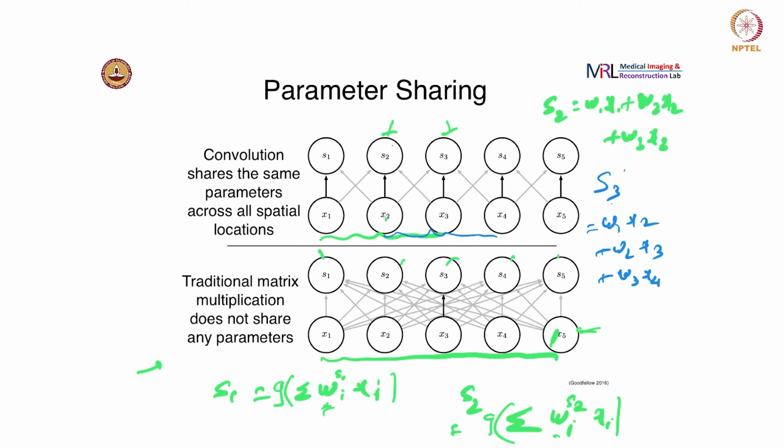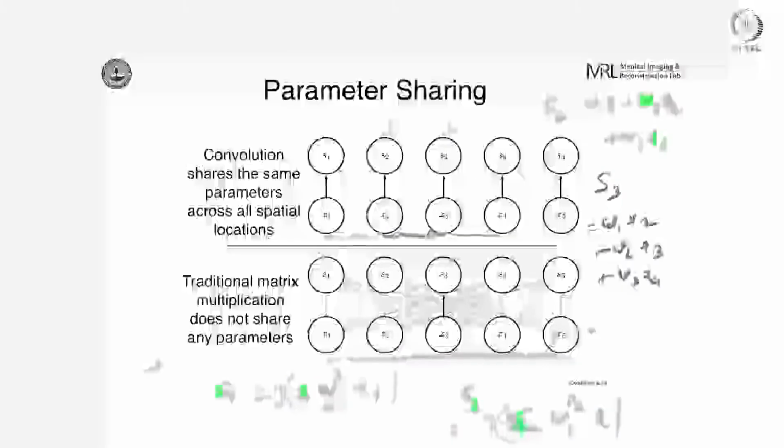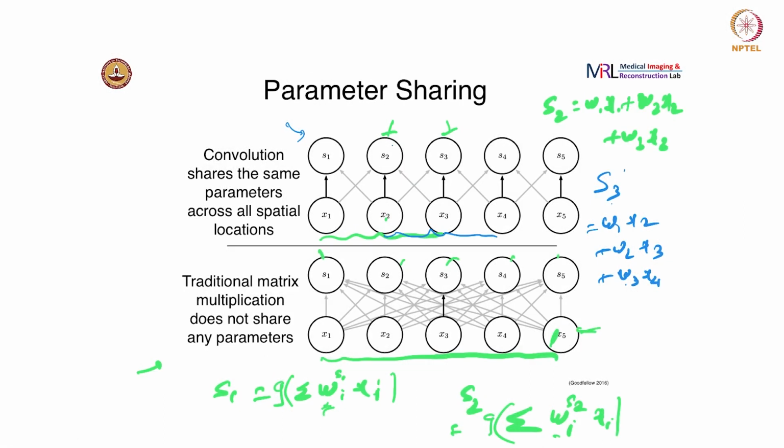Now we have used one set of weights W1, W2, W3 to produce the outputs S1, S2, S3, S4, and S5. Let's assume there are some neurons to the left of X1 and some to the right, which we will not consider at this point. We have used just one bunch of weights to get S1 through S5.